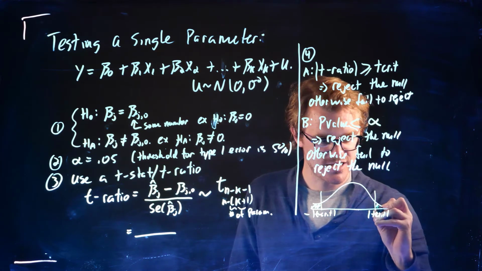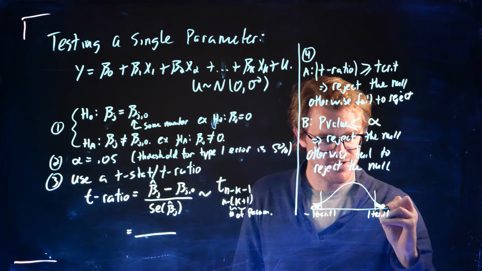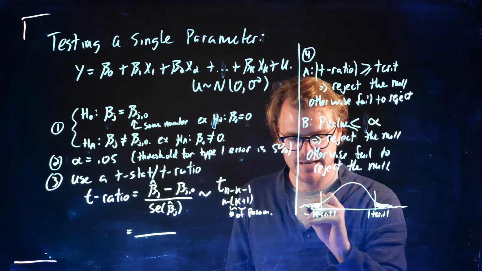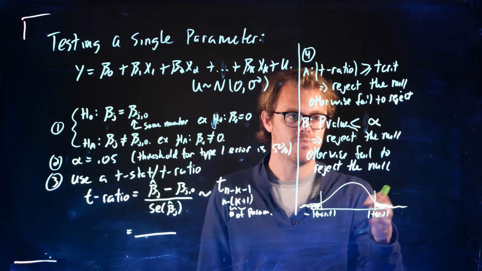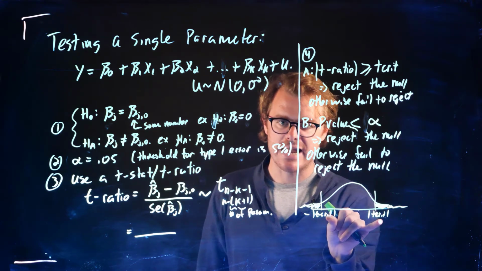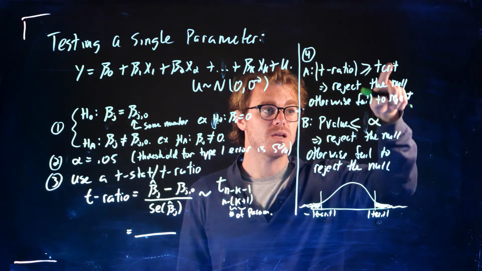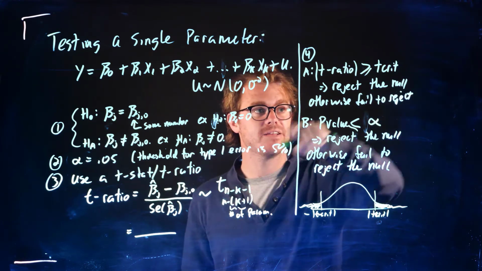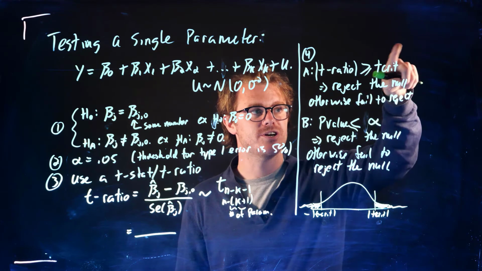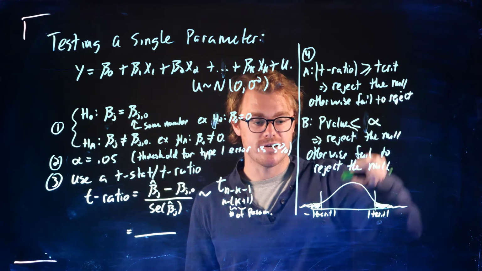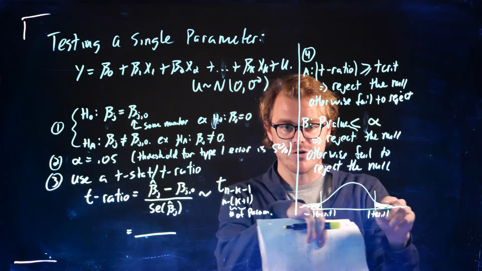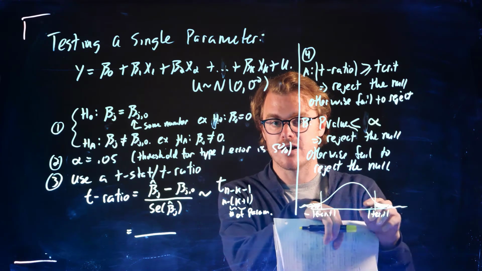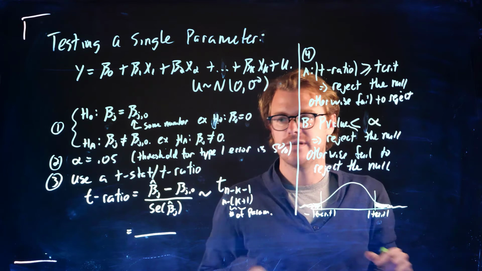We're picking it such that all the area in the tails, all the way up to negative and positive infinity, would be equal to 5%. That's how we're getting these critical values. And so we're going to reject the null if the absolute value of the t ratio that we calculate is greater than this critical value, because that would mean that we're further in the tails. So the probability of committing a type 1 error is smaller than 5%.